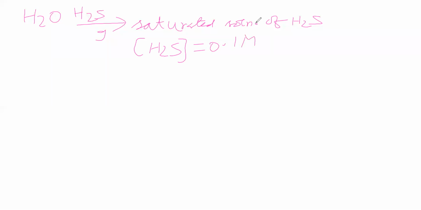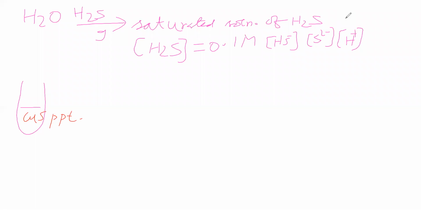In the saturated solution of H2S, what other ions are present? Bisulfide ion, sulfide ion, and H plus ions are present. Now we will take a CuS precipitate, and above this CuS precipitate there is an aqueous solution.